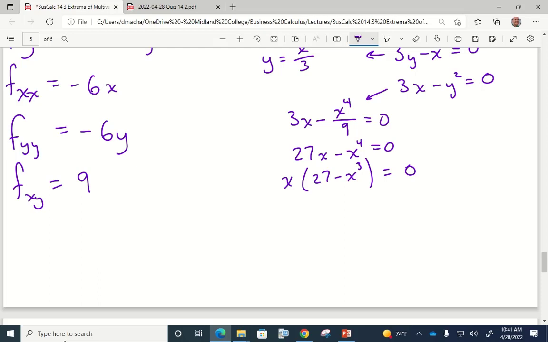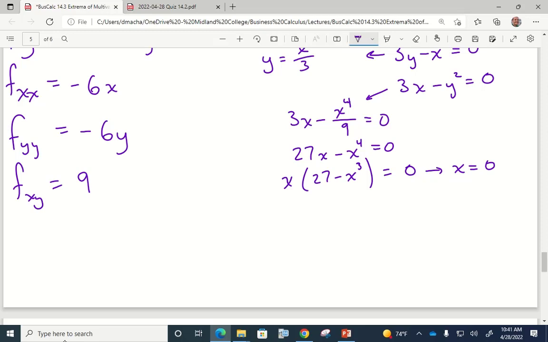And this has one solution that's pretty obvious. One solution is that x is equal to 0, because 0 times anything gives me 0. But there's at least one more solution.